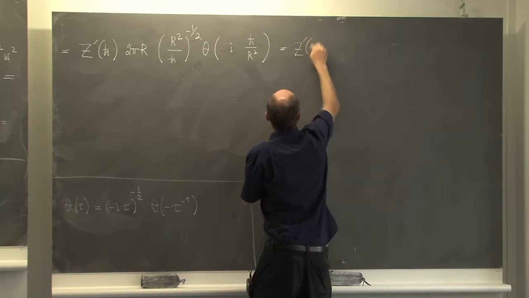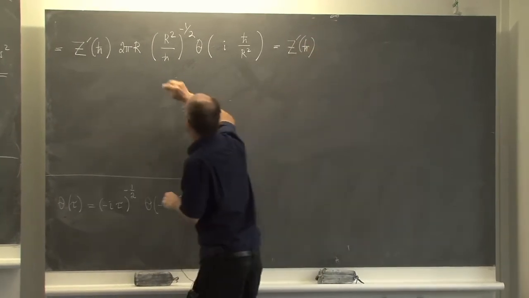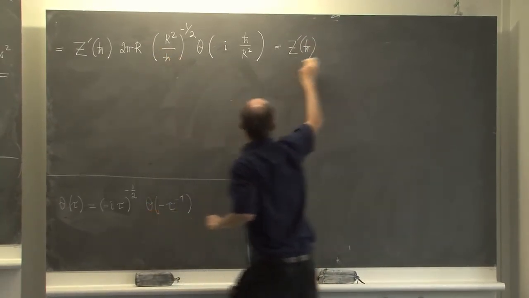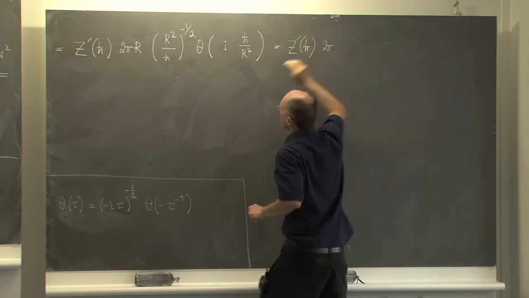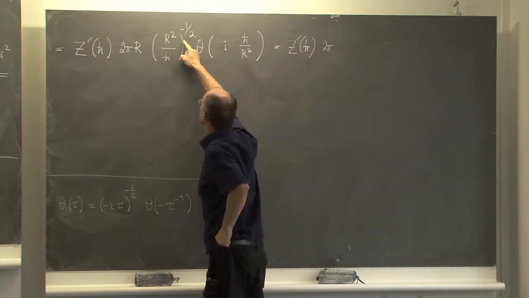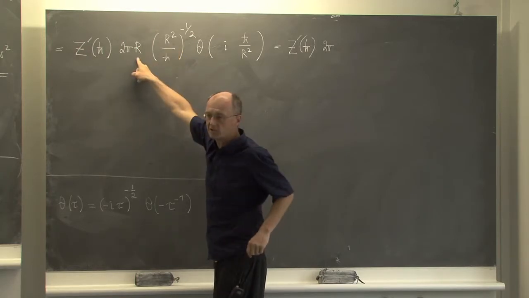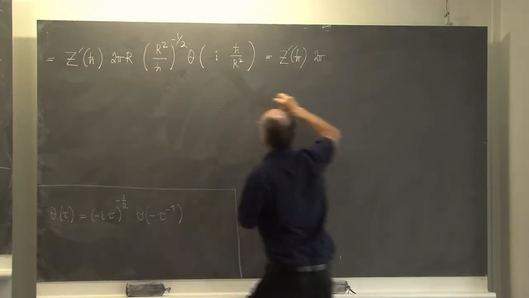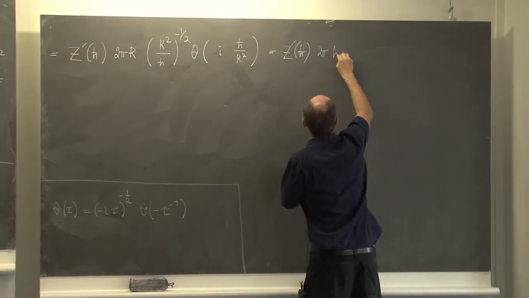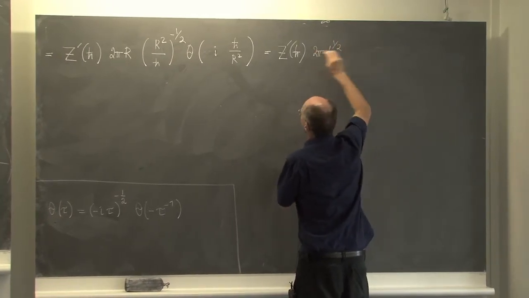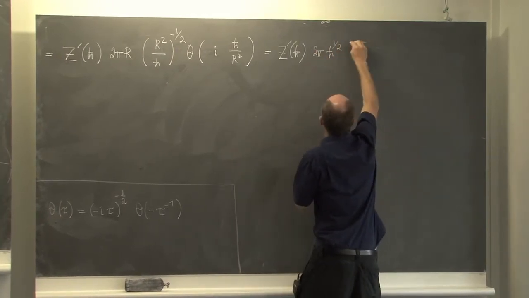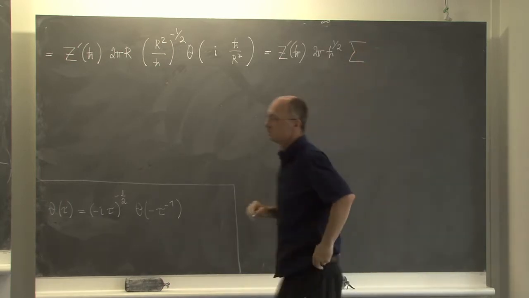So maybe one more rewriting. So z prime h, and here 2 pi will survive. So what's going to happen here? There will be r in the denominator. It will cancel the r here. And there will be h to the power 1/2. And let me rewrite again this theta series.